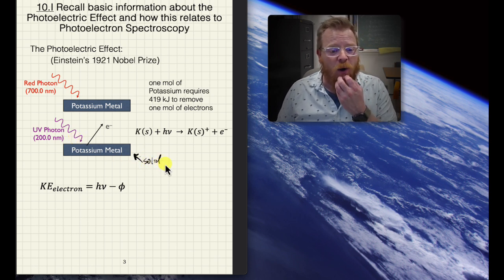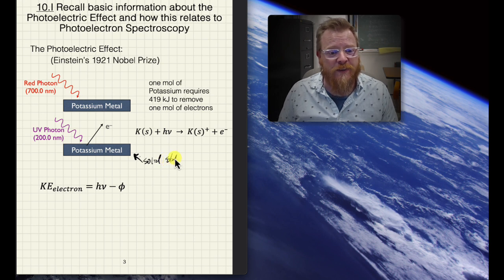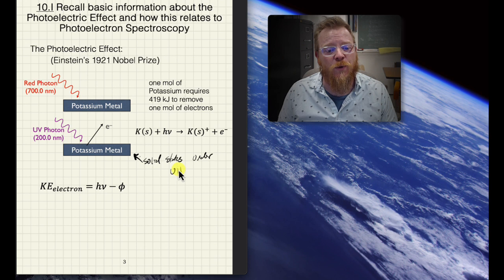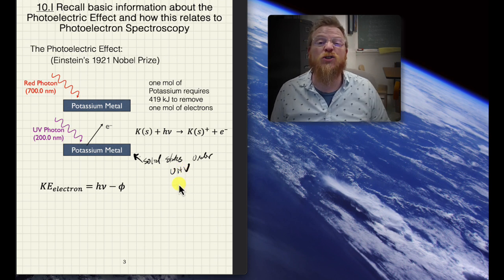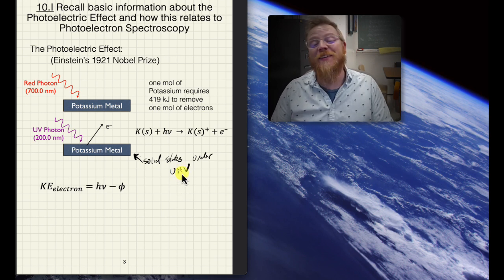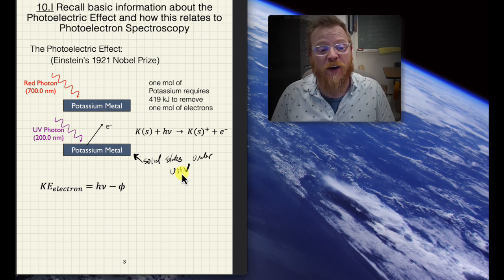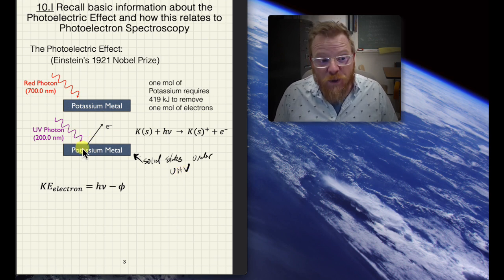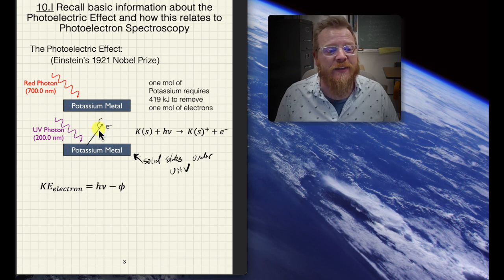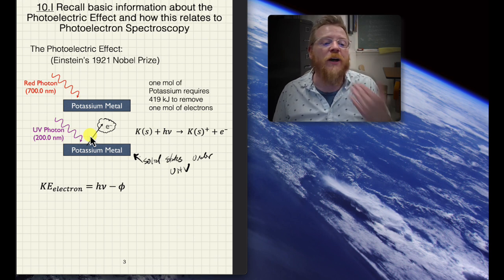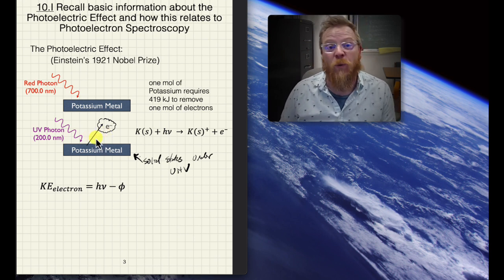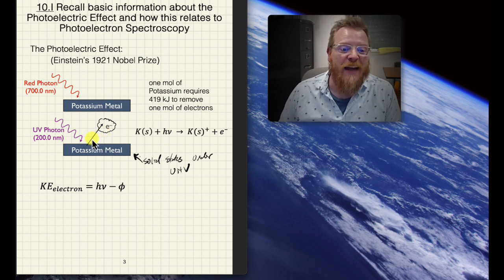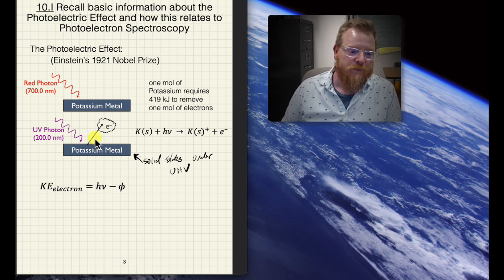This is always on solid states under what I will call UHV, ultra high vacuum. This technique typically has to be done under ultra high vacuum because we're liberating an electron from the surface of the material, and it's the electron that we are trying to measure. Under atmospheric pressure, that electron will get captured by a gas molecule very quickly.